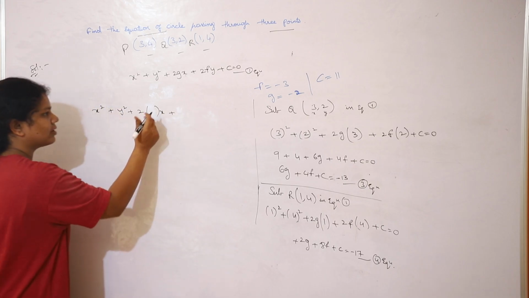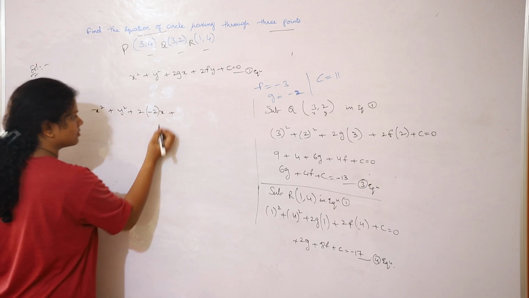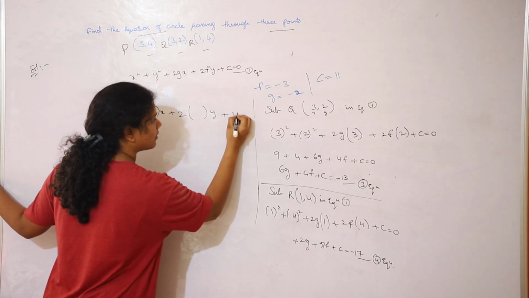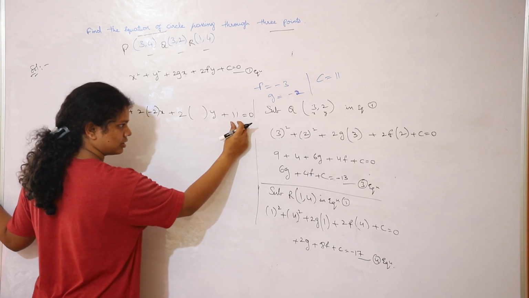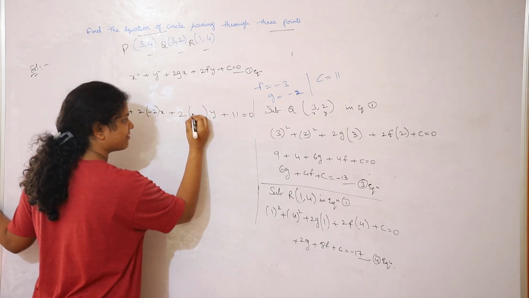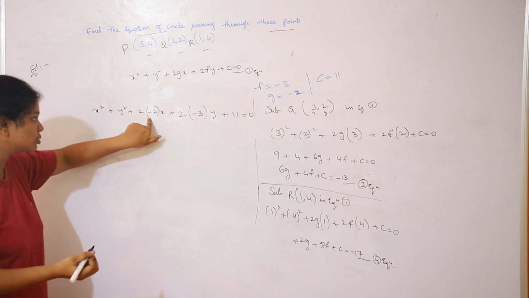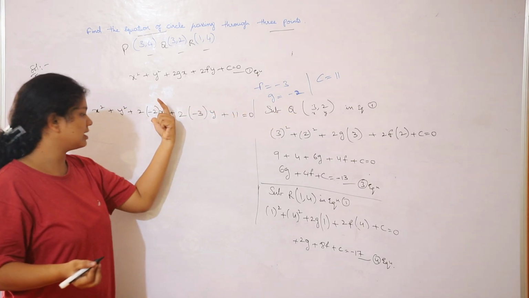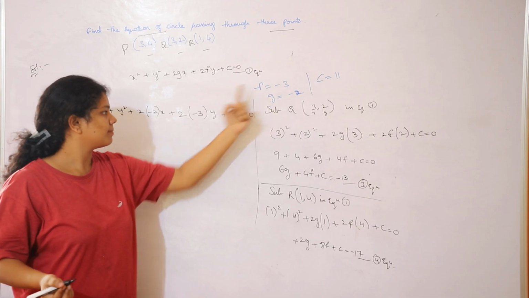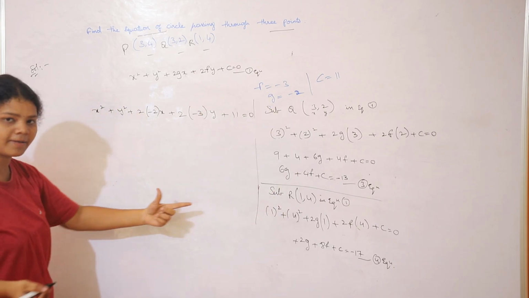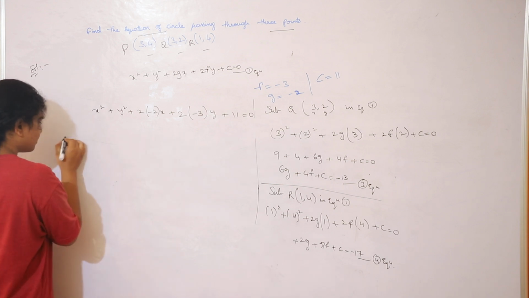So what is the g value over here? Minus 2. The f value is minus 3. The c value is 11, so that's what I wrote over here. So x square plus y square plus 2gx, that is minus 2 times 2, plus 2fy, that is 2 times minus 3y, plus c, which is 11, equals 0.